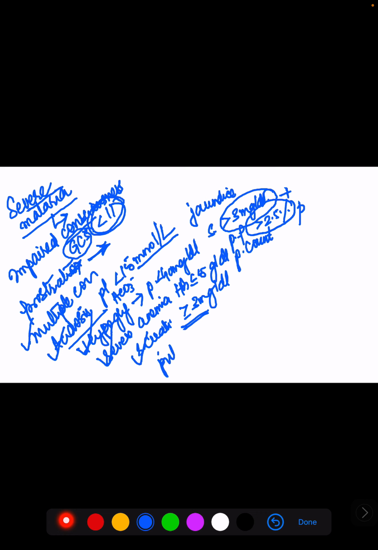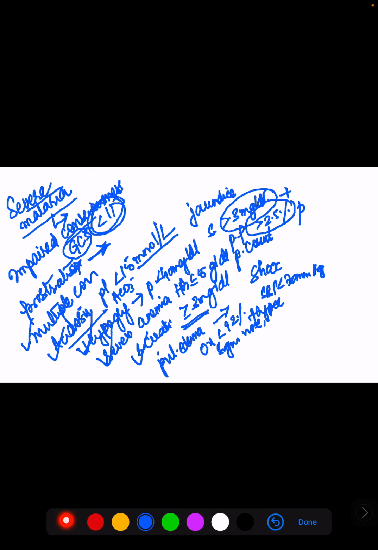There will be pulmonary edema, that is oxygen saturation less than 92% on room air. There could be significant bleeding from nose, gums or venipuncture sites, and shock, that is systolic blood pressure less than 70 mm of Hg.